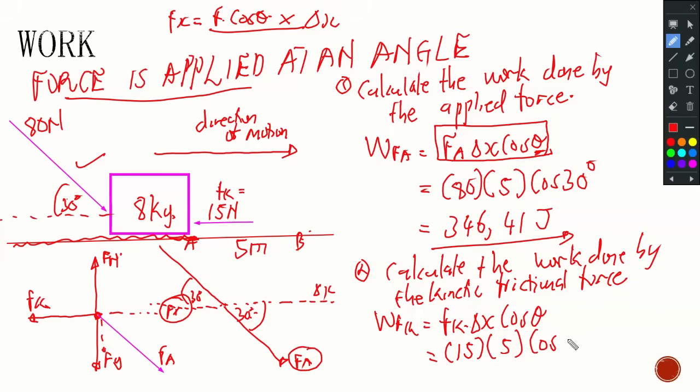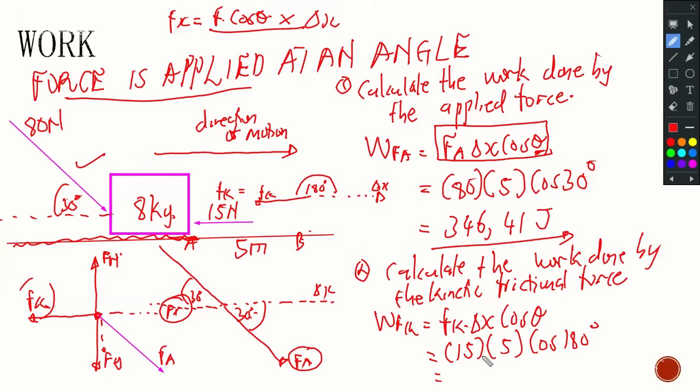So this is cos 180 degrees. Why 180 degrees? Because as we can see, Fk is in the opposite direction of the displacement. The displacement is still moving horizontally, and my Fk is going in the opposite direction. So the angle between the displacement and Fk is 180 degrees. Note that we are always checking the angle between the displacement and a particular force.